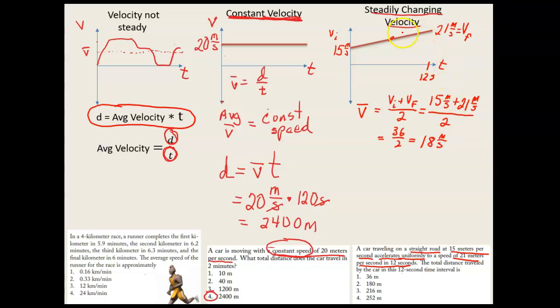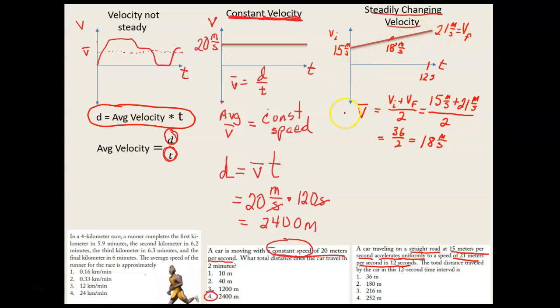Now this also turns out basically to be the midpoint. So if you can say what's right smack in the middle of 15 and 21, well, if I add 3 to 15, I get to 18. And if I add 3 again, I get to 21. So right smack in the middle of 15 and 21 is 18. So you can determine this average velocity by adding up the beginning and ending velocity and dividing by 2, or you can just say what's right smack in the middle of these two numbers.